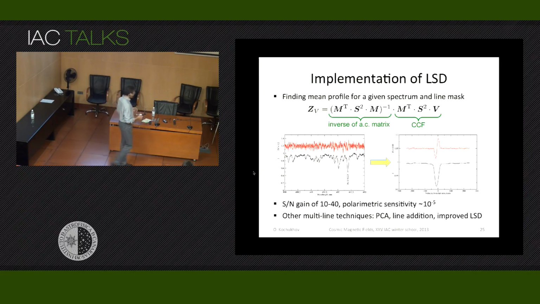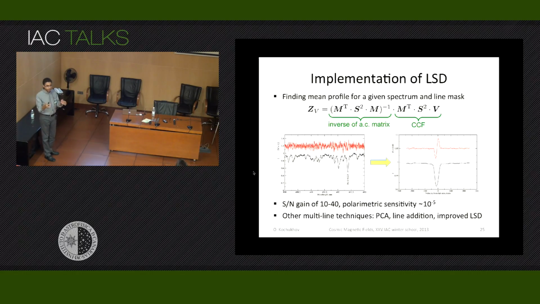Now, in reality, what we want to accomplish is, of course, the opposite. We usually have a noisy spectrum, maybe looking something like this. This is the real observation of Stokes I and Stokes V. Stokes V here is expanded by some factor of 3, I think. And you can see maybe there is some signal, but it's really hidden in the noise. So what we want to do is to invert the problem.